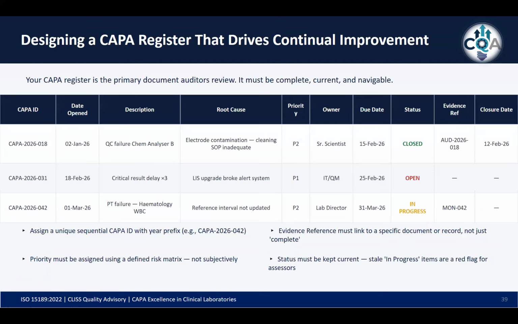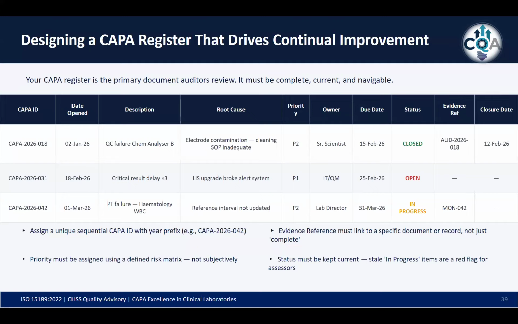Designing a CAPA register or a non-conformity register that drives continual improvement. These are the things that you should, at a minimum, have. You can have beyond this. Your NC-ID, like all terminology, CAPA ID, the date it was opened, a brief description of the NC, the root cause, the priority.